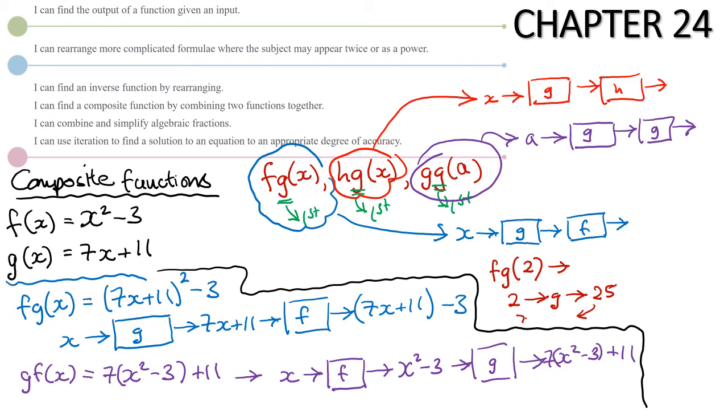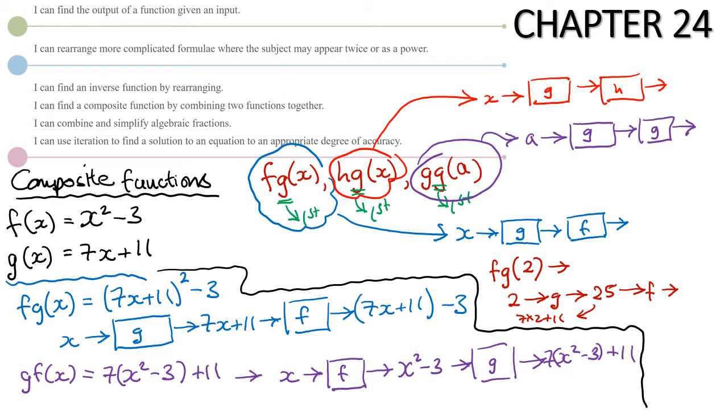So that's 7 times 2 plus 11. And then 25 now goes into function f. So that's going to be 25 squared minus 3. So I'm going to need to calculate for that. So 25 goes into f, not g.